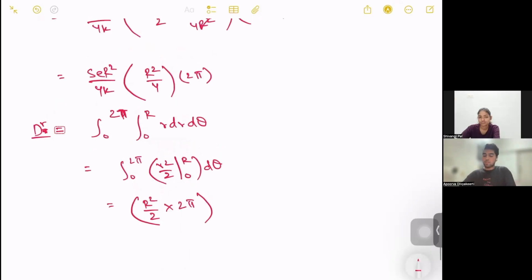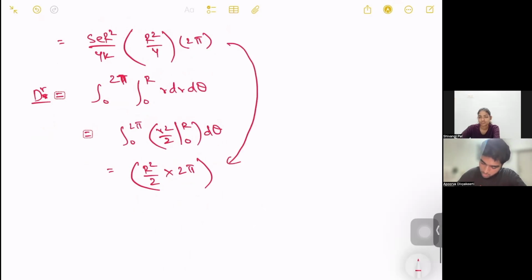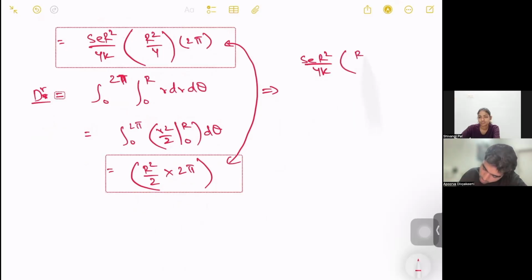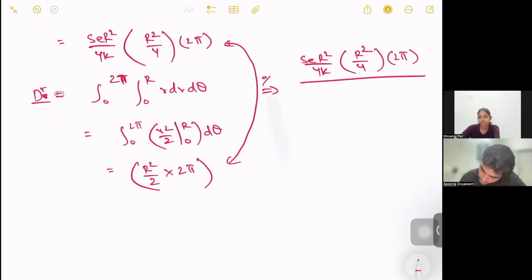Now dividing both these terms, we get the RHS: S_E R square by 4k into R square by 4 into 2 pi, divided by R square by 2 into 2 pi. 2 pi gets cancelled, R square gets cancelled, and 2 and 4 give a factor of 2.